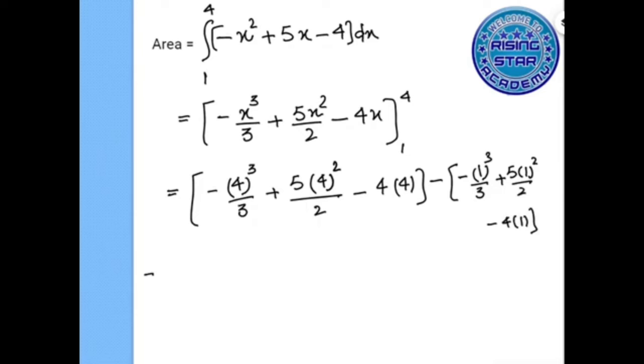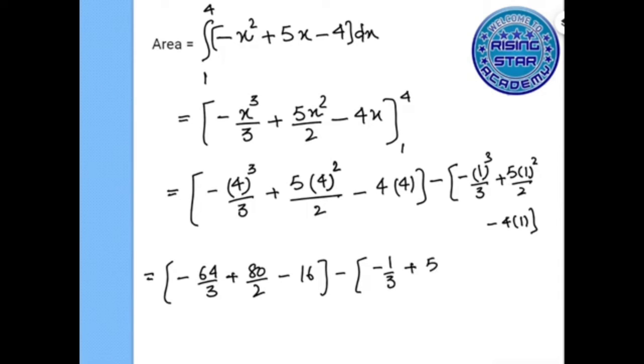Now I would simplify, so that would become minus 64 over 3, then 80 over 2, 4 squared would be 16 times 5, 80, minus 16, then minus 1 by 3 plus 5 by 2 minus 4. Now I would use the calculator to simplify it.